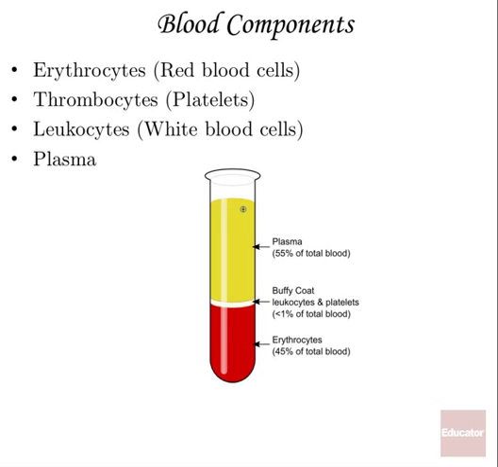Plasma. Yellow fluid. The particles dissolved in plasma is what gives it that yellow look. There are lots of particles dissolved in the plasma, the actual fluid of your blood. Of course, a lot of plasma, most of it, is water. You also have gases. Oxygen, CO2, nitrogen gas, there's a lot of them.